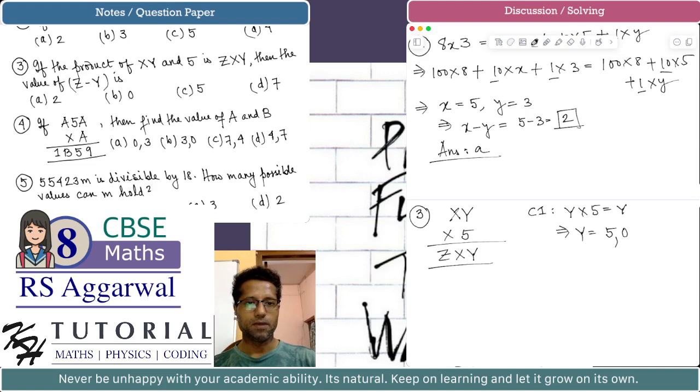Now, xy multiplied by 5. The possible value of y is 0 or 5. Let's see what happens if y is equal to 0.